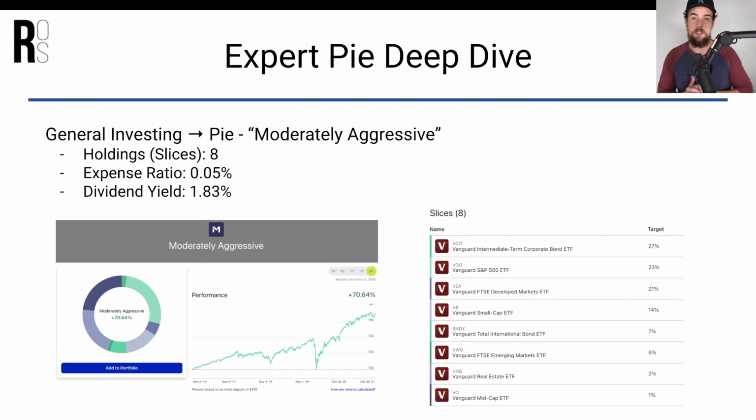So you will pay that expense ratio to Vanguard, but you don't pay any fees or management fees whatsoever to M1 Finance. And across all of these funds, the aggregate dividend yield is currently 1.83%. So over on the right, that shows you what the individual holdings are of this portfolio, and you can click into every single one of these expert pies and see exactly what index funds they are using to give you this type of diversification.